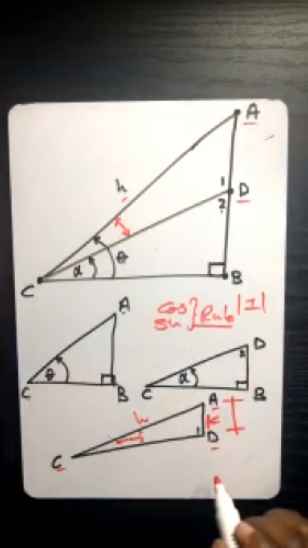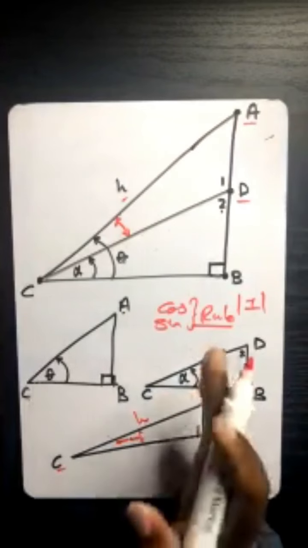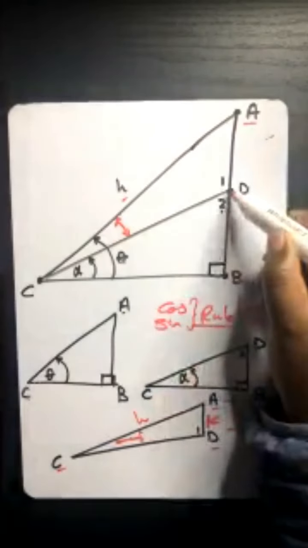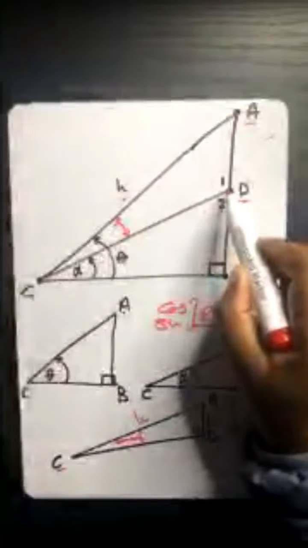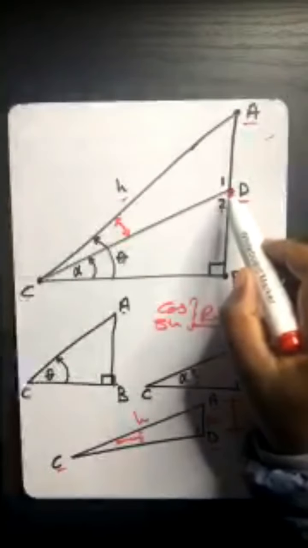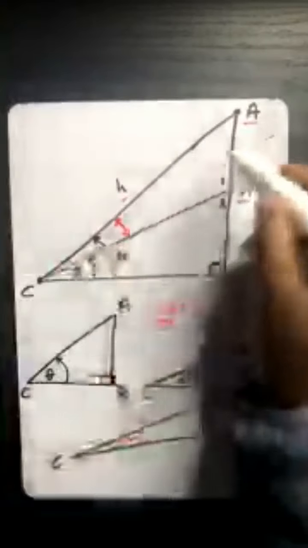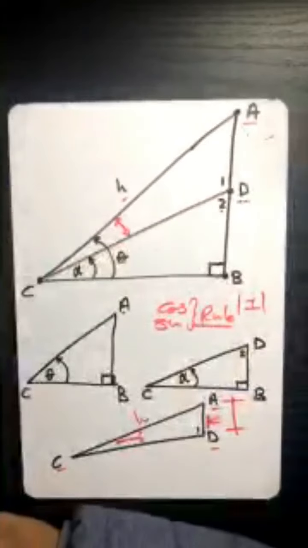Otherwise, if necessary, you can use this right-angled triangle, maybe to find information about that side, and then from there you are going to have enough information to use the cosine rule, or you can stick to the sine rule. It all depends on the information that you are given.